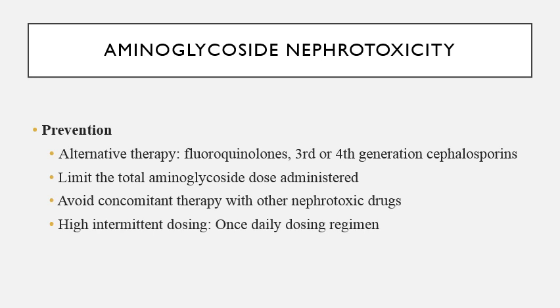We can switch the antibiotics to the fluoroquinolones, or we can use the third or fourth generation cephalosporins in their place. If switching the drug is not possible, we can go for decreased doses of the aminoglycosides, the doses that will not cause kidney damage, and we will avoid the use of other drugs that are also damaging the kidneys. Like furosemide is also causing nephrotoxicity, and the aminoglycosides are also causing nephrotoxicity. So these types of combinations should be avoided.